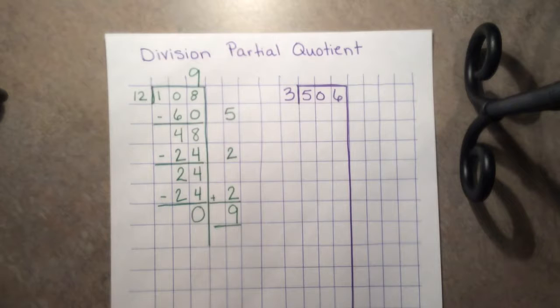Here's a problem that doesn't come out so nice and neat. 3 divided into 506. The question is, how many groups of 3 are in 506? My student should start with thinking hundreds. How many groups of hundreds can I make?